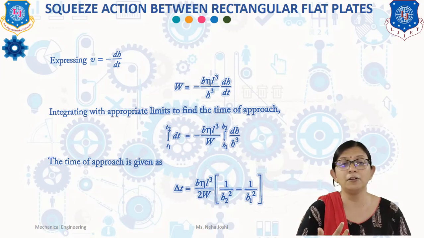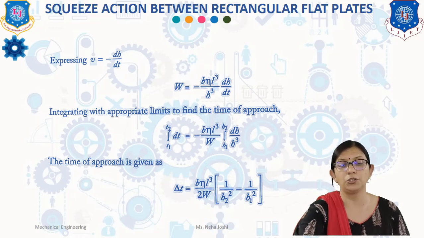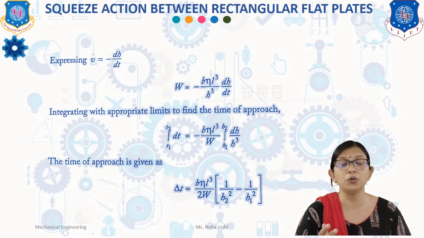So we get the final time of approach, delta T, which is equal to B eta L cube divided by 2W into (1 upon h2 square minus 1 upon h1 square), where delta T is equal to t2 minus t1, the time in seconds for the film thickness to reduce from an initial value of h1 to a final value of h2, with the contact force W acting on the rectangular plates.